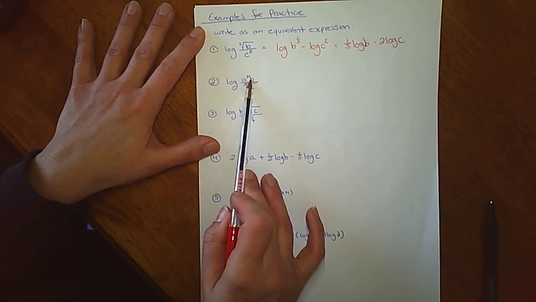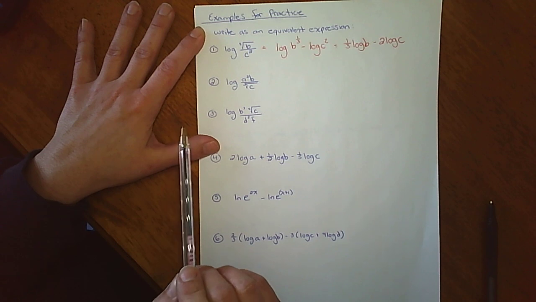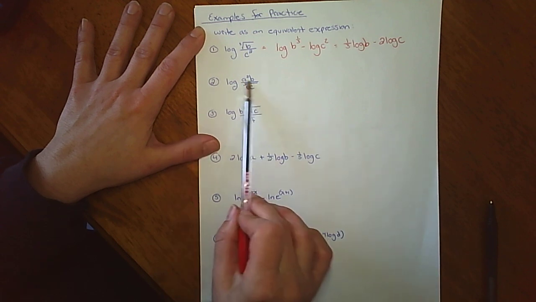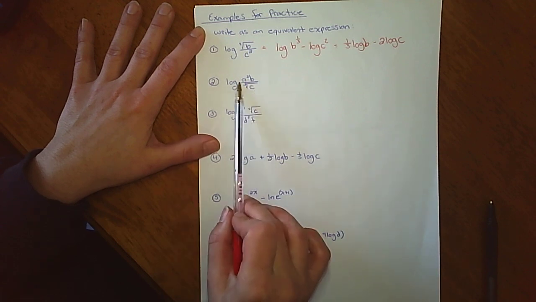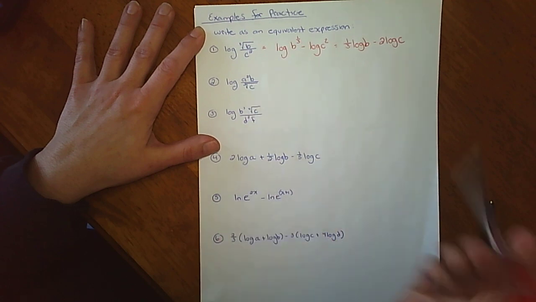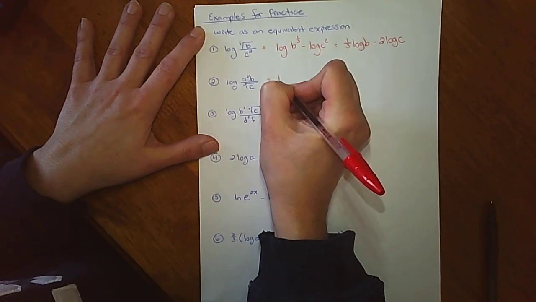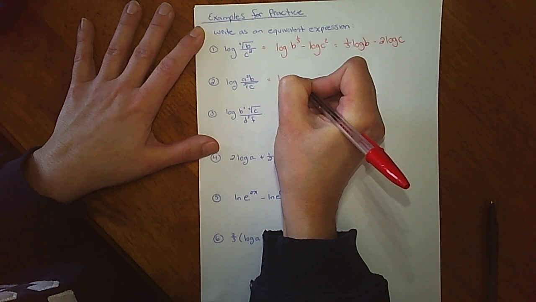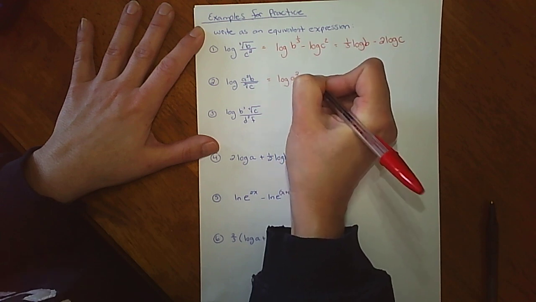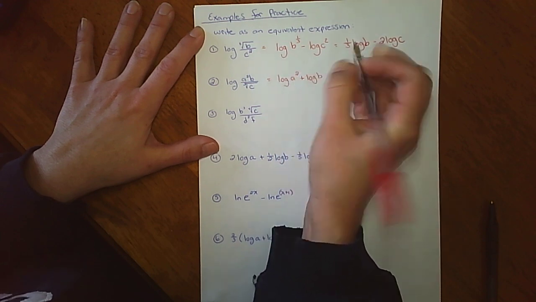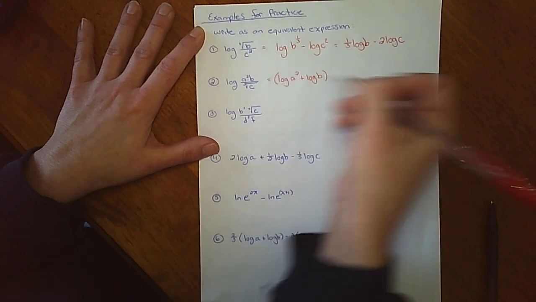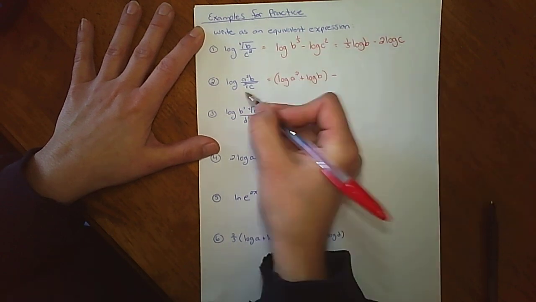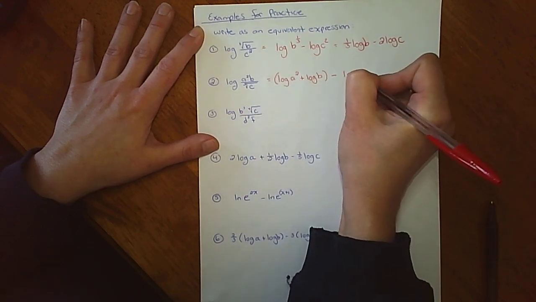First off, in the numerator here, there's 2 things being multiplied together. So these are going to turn into addition. And then we're going to divide it, so subtract these guys away. So I'm getting log a squared plus log b. Now, if you want to separate what's in the numerator away from what's in the denominator, it's a good habit to get into.